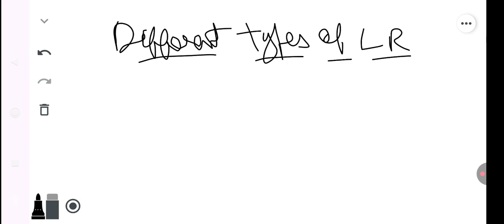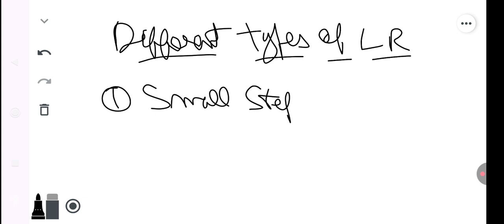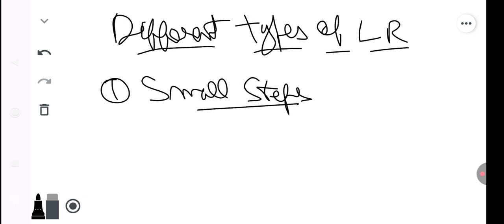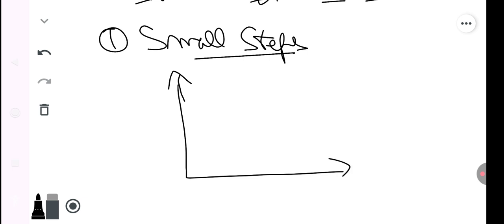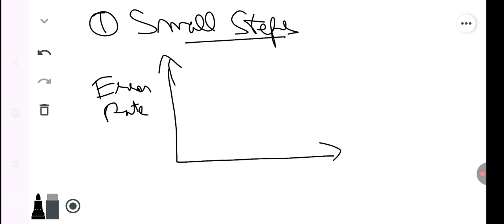So let's suppose we are taking baby steps, right? Very small steps. And let me show with the graph. So suppose this is the error rate, right? The Y-axis is showing the error rate, okay?